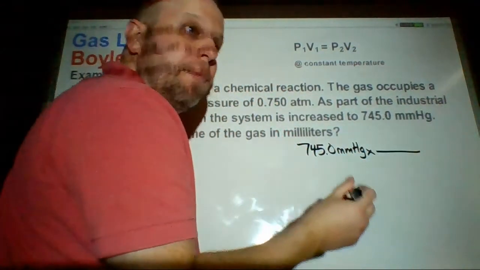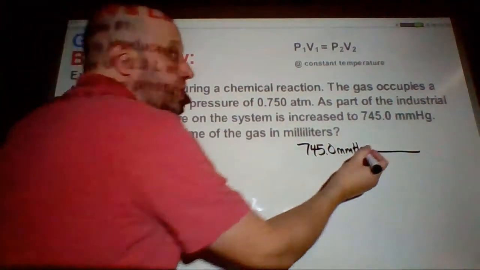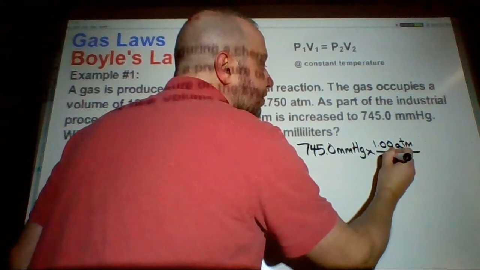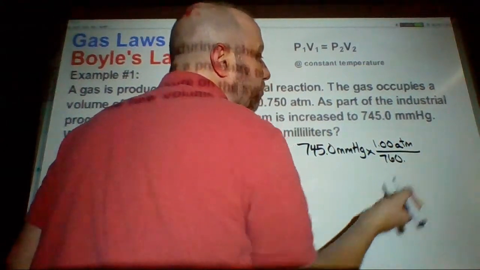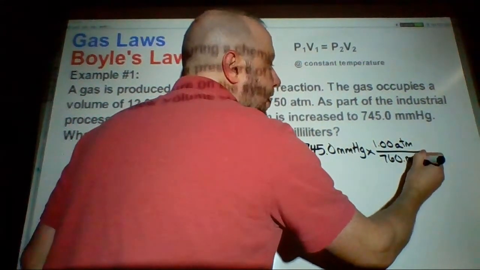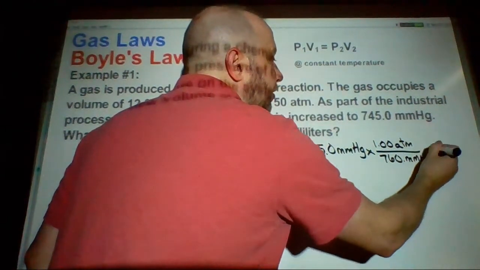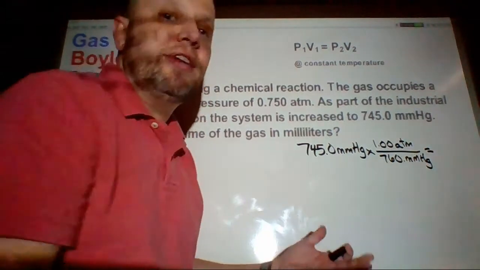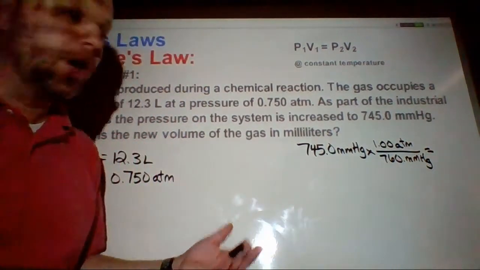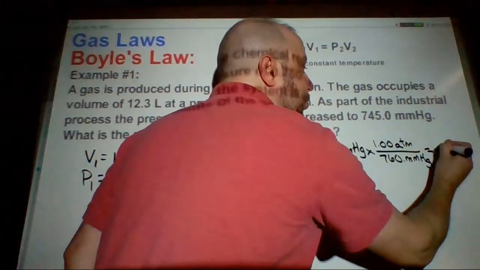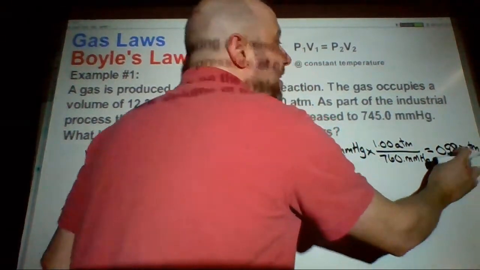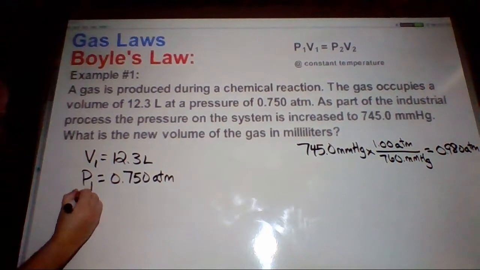I remember from my lesson on Monday or Tuesday that for every 1 atm, I have 760, 3 significant figures, mmHg. So if you look at this relationship, 745 divided by 760 means we need to get a number that's less than 1. I'll tell you, it turns out to be 0.980 atm. That is our pressure 2.